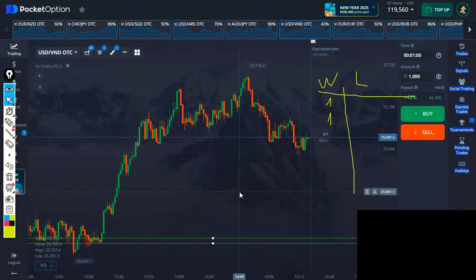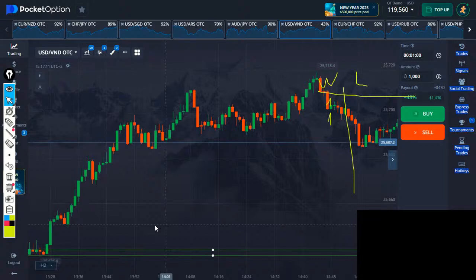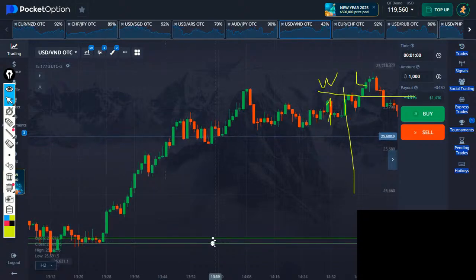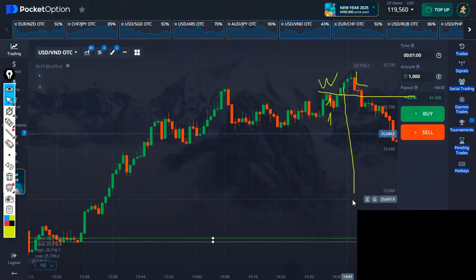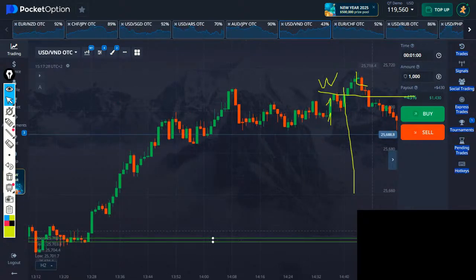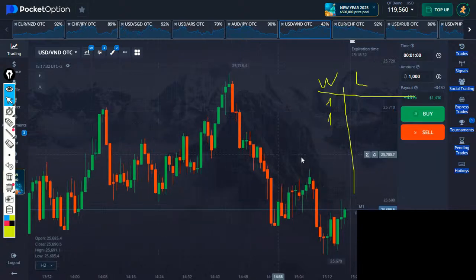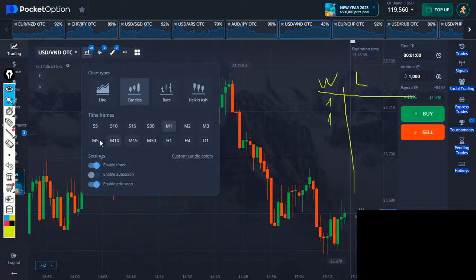See that? Beautiful, fresh demand over here. So whenever the price falls back to the zone, let's put an alarm over here and here as well. Whenever the price comes back to this area, we'll take a buy trade.